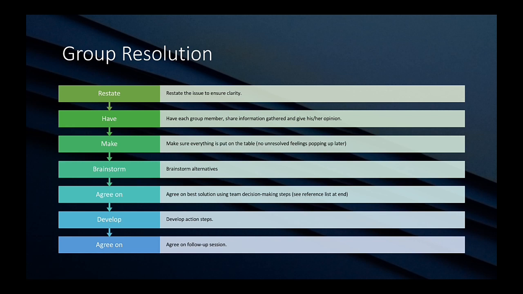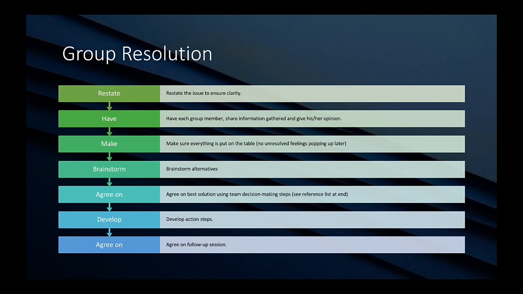Now let us assume that another meeting is happening for the group conflict. We must follow certain steps to manage and resolve that issue. The steps would be: restate, hear, make sure, brainstorm, agree, develop, and again agree.